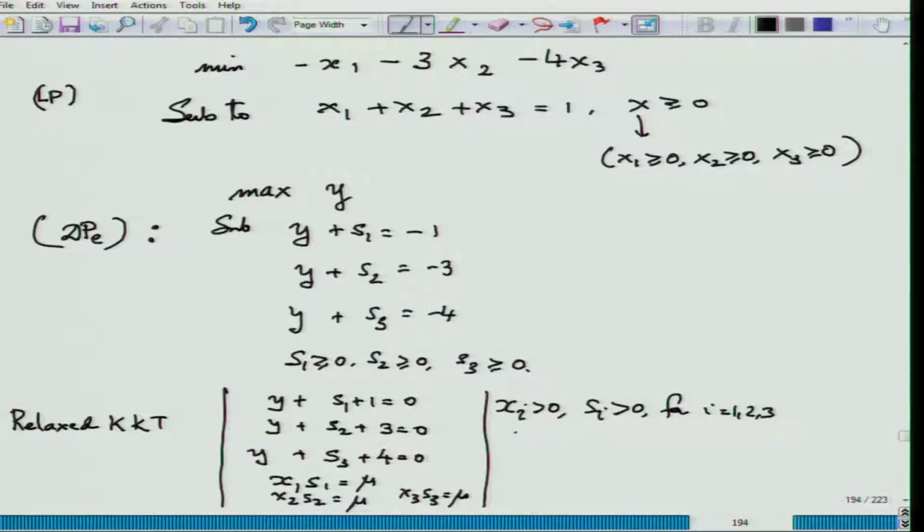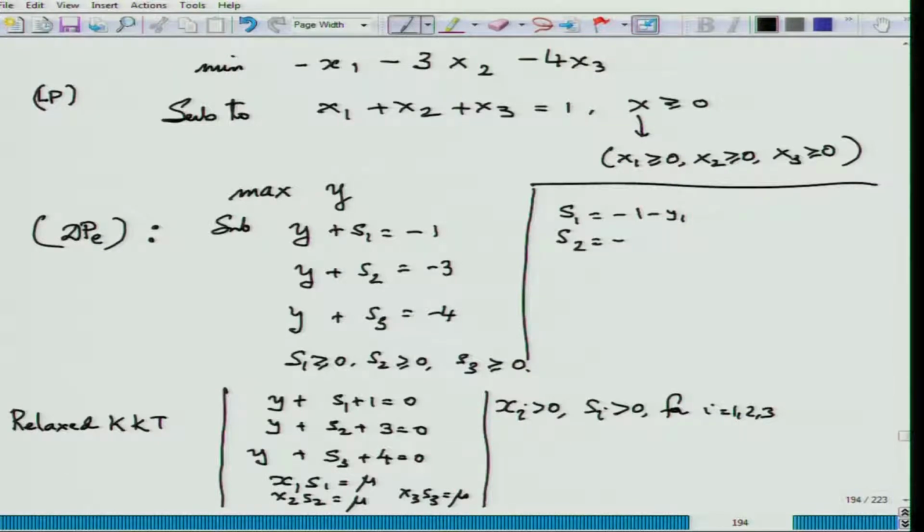Now, let us take the calculation here. What do I have from this system? I would have S1 equal to minus 1 minus y1, S2 equal to minus 3 minus y2, S3 equal to minus 4 minus y3.